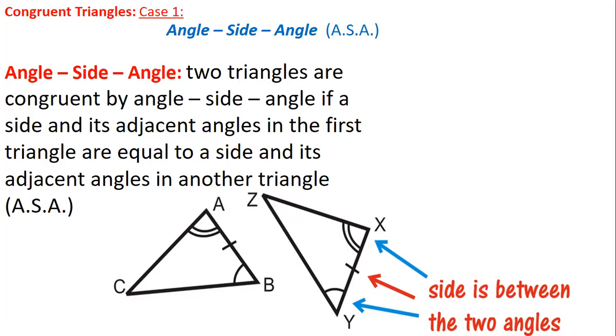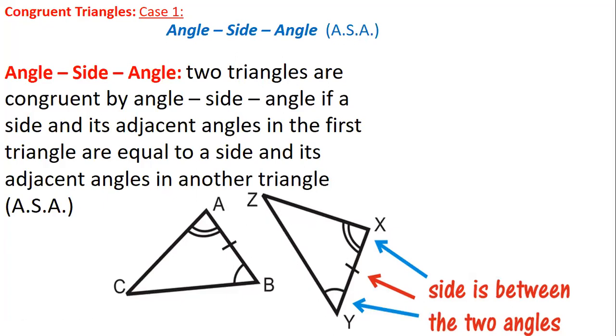Guys, listen to my question. Can I say that side AC is equal to side XZ? Yes. Who tells you that they are equal? Do we have a mark on AC and the same mark on XZ?